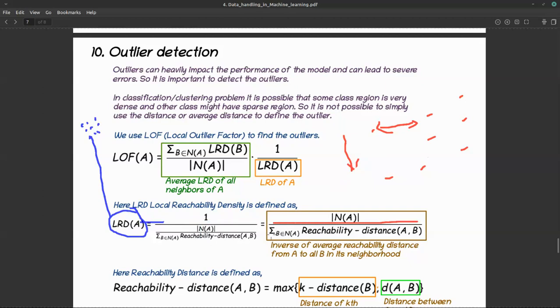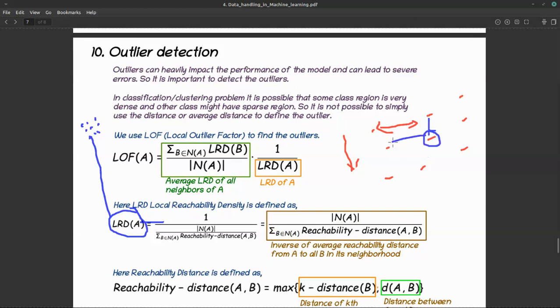The total distance, for B belonging to the neighborhood of A, is the reachability distance from A to B. So for all the neighborhood points B, B is nothing but all the points that belong to the neighborhood of A. I should have used some other letter, W or X, something like that. So let's say I am calculating the density for this point.